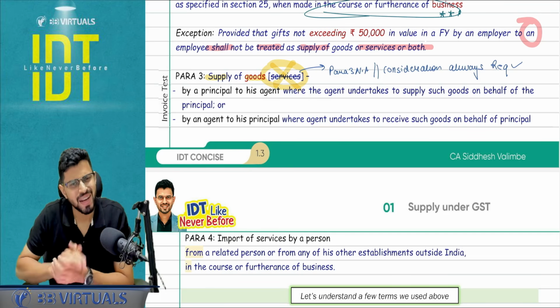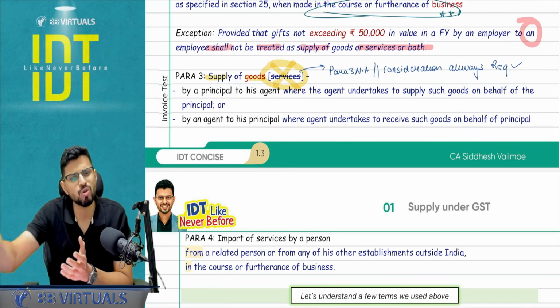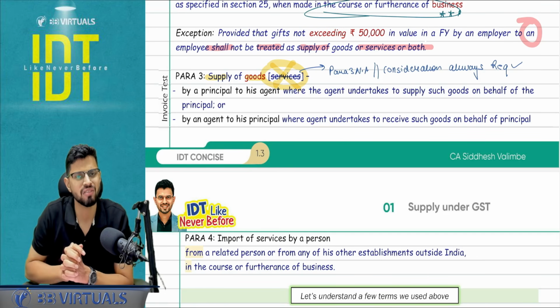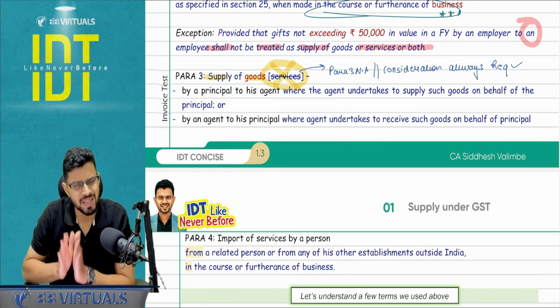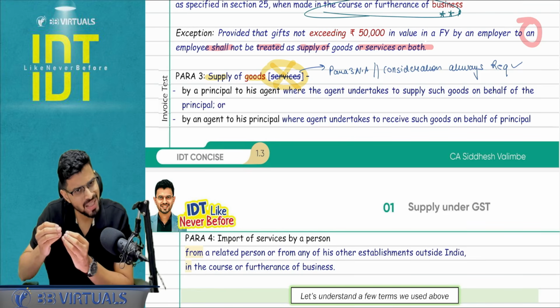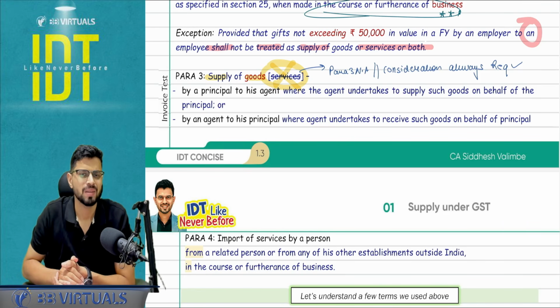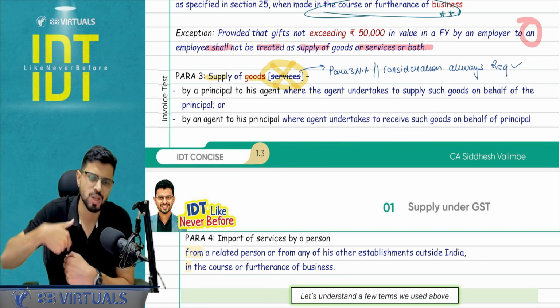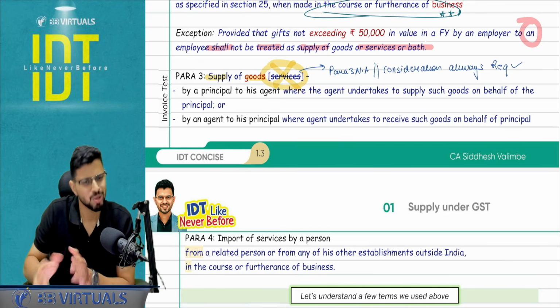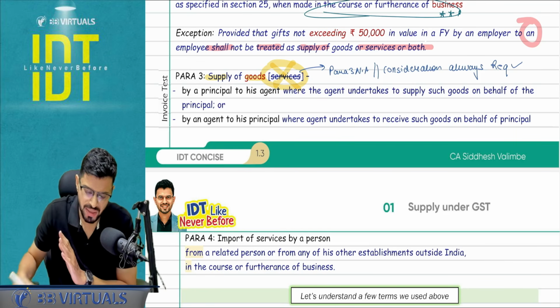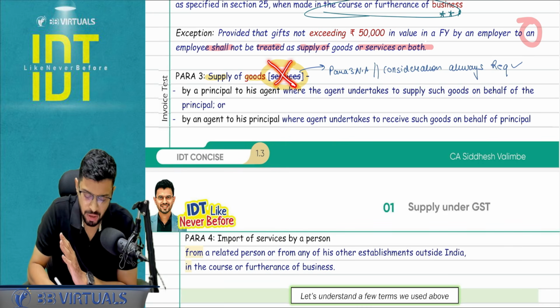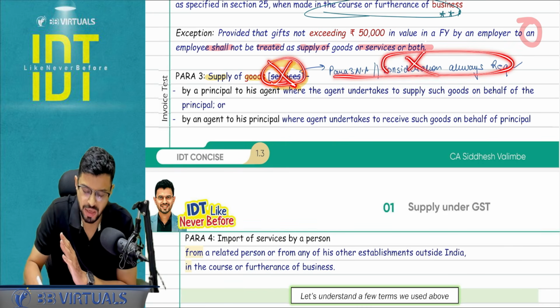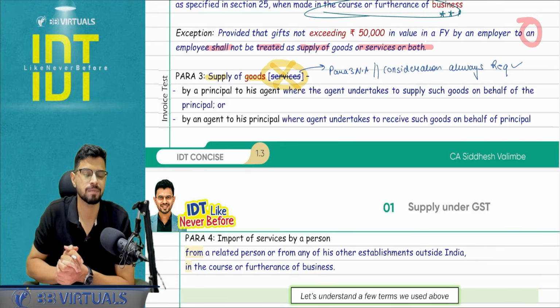No. Intangible service, how can you give someone and he or she can sell it further? So obviously, in case of intangible services, invoice test will never be passed. My agent will just connect me and my customer, and the invoice will be issued in my name. For theoretical study purpose, you can write that, okay, since it is not applicable for services, you always require consideration because para 3 is not going to apply.